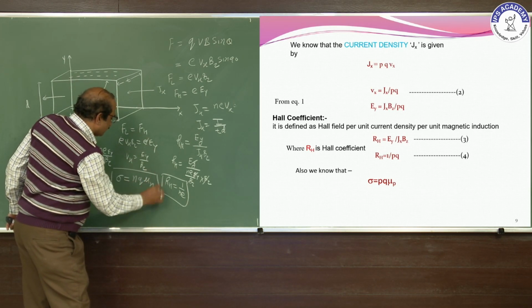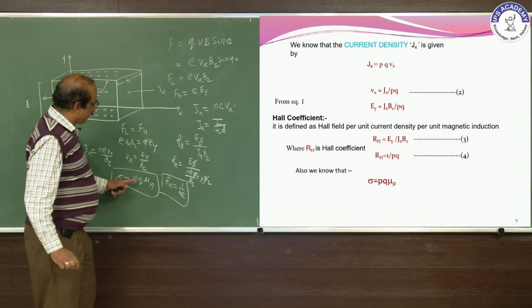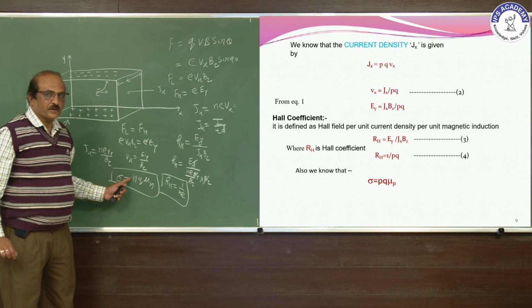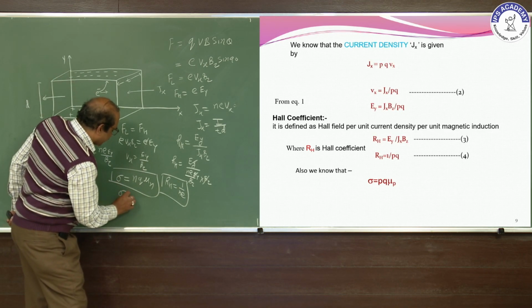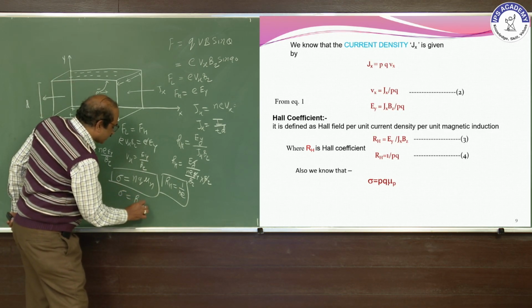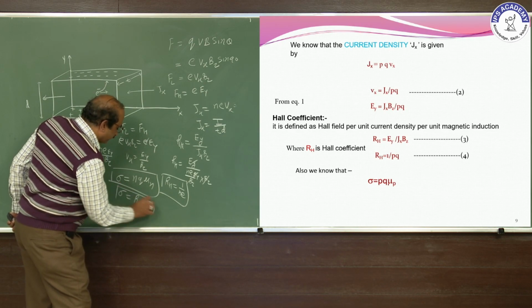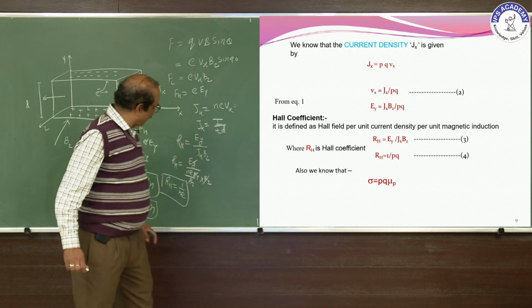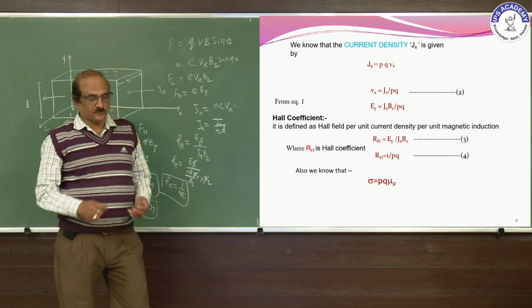Sigma equals n q mu, where mu is the mobility. From nq and the value of Hall coefficient we can calculate ne and put the value up here. So sigma is nothing but RH times mobility. In terms of mobility, we can write the conductivity also.